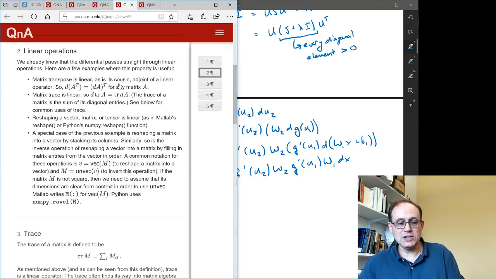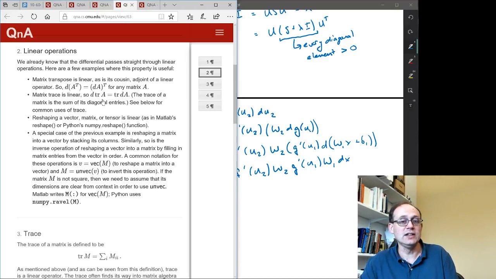So there are a bunch of identities that just point out that some operations are linear, and these are operations that you'll commonly run across. We already ran across that transpose is linear in the least squares example. Matrix trace: the matrix trace is the sum of the diagonal elements of a matrix. It's not immediately obvious why that's an important operation, but we'll see in a second that it is.